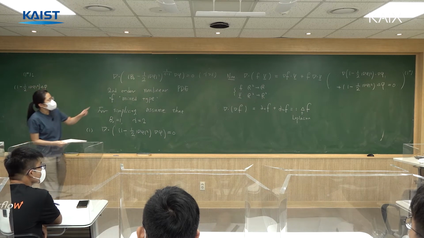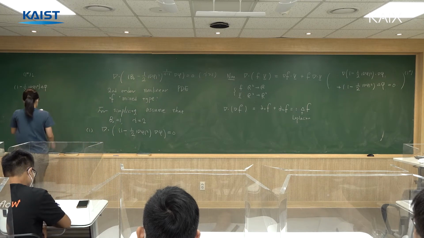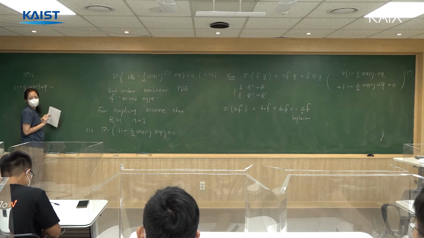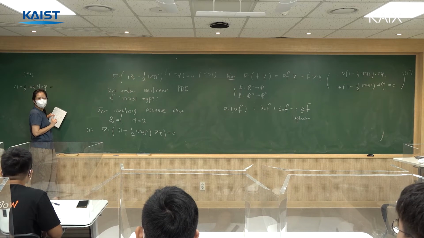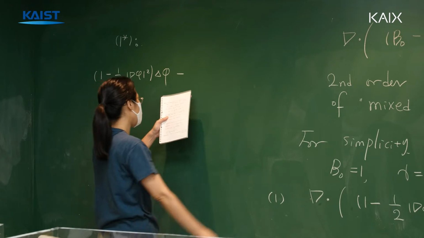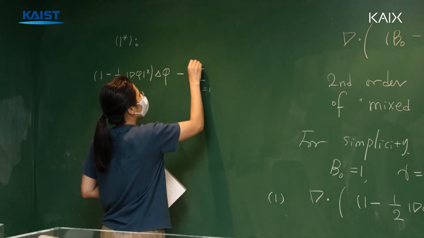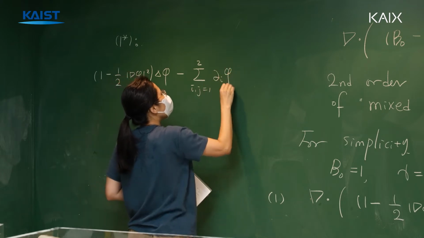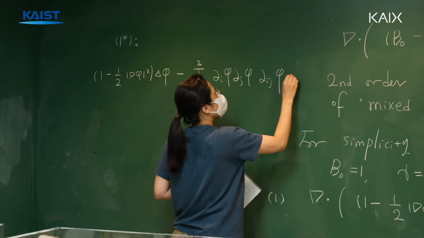Then if you compute the gradient of that, you can just check this on your flight back home. When are you leaving? Tomorrow? Today? So tomorrow on your flight, just check, when you're sleepy after lunch or something. This is a summation, i, j equal to 1 to 2, di phi times dj phi times dij phi equal to 0.